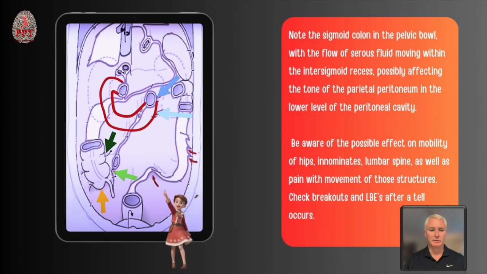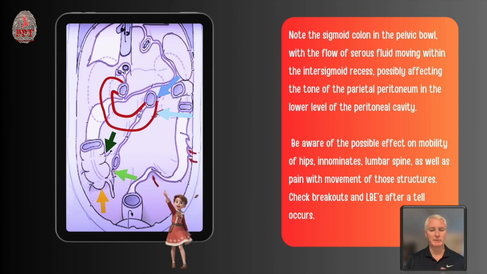So that brings us to the sigmoid colon and the duodenum. The sigmoid colon, as being pointed out by our friend there, there's this foramen there that allows the flow of serous fluid, and it moves between what we know as the intersigmoid recess. So fluid moving there possibly affects the tone of the parietal peritoneum. Let me say that again.